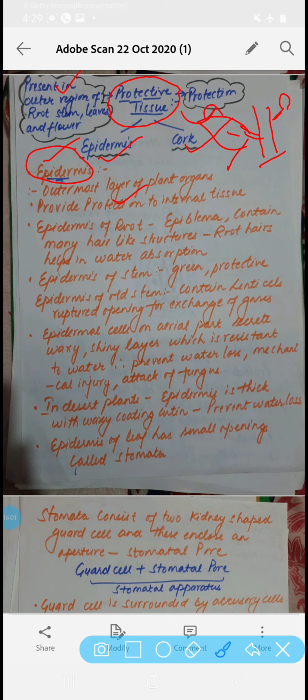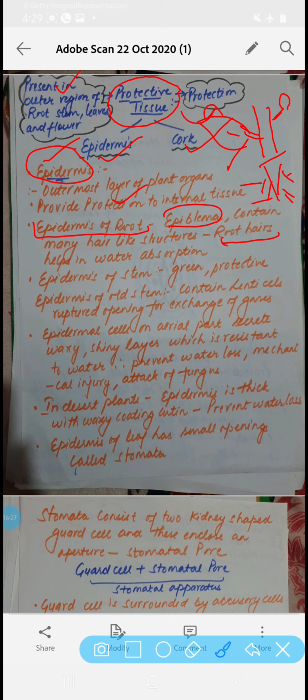Now my dear students, the epidermis of root is called epiblema. Now this epiblema, or the epidermis of root, contains numerous hair-like structures. These hair-like structures are termed as root hair.